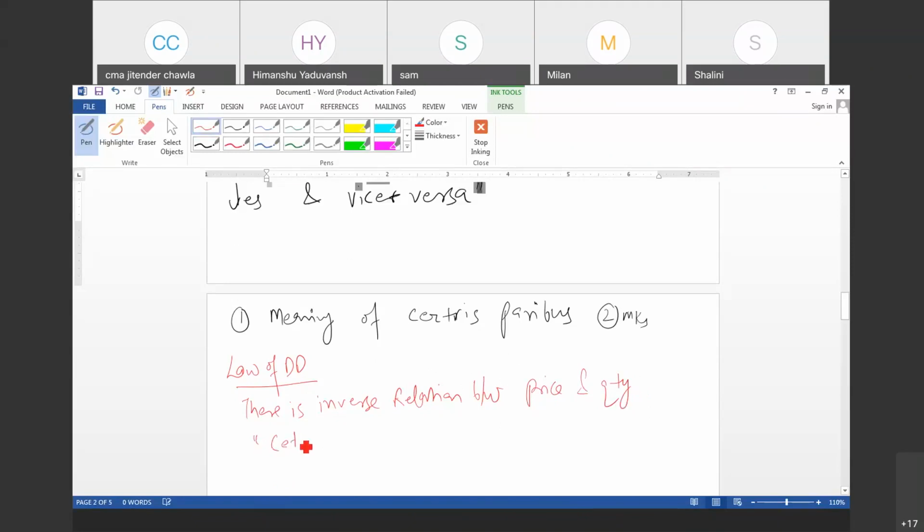Ceteris paribus. The meaning of ceteris paribus is other things being remain the same. Now, question arises, what do you mean by other things being remain the same?